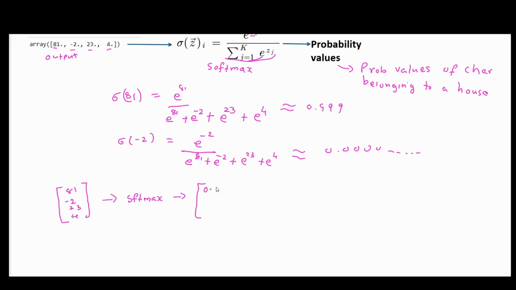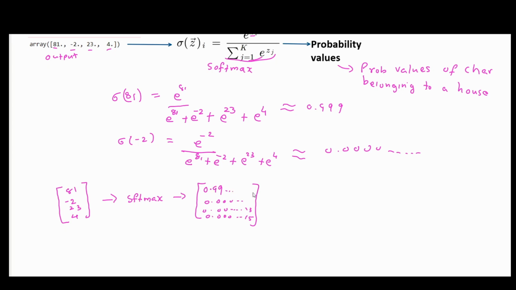Let's say 0.999, 0.000 something, 0.000 again, some value maybe 2, 3, and 0.0000 some other value, 15, right? So you have all the probability values.